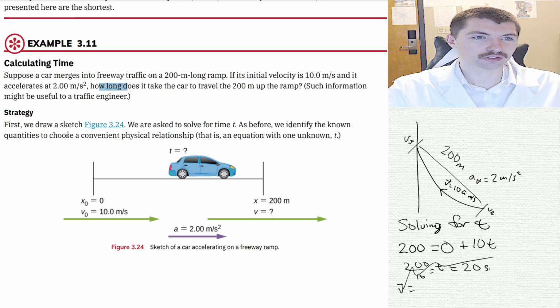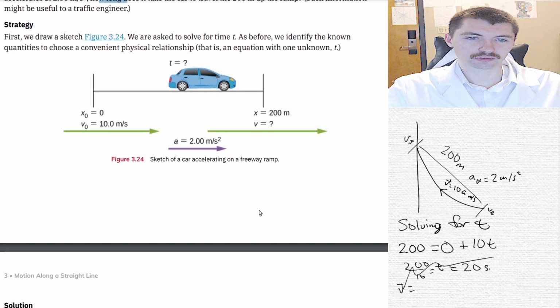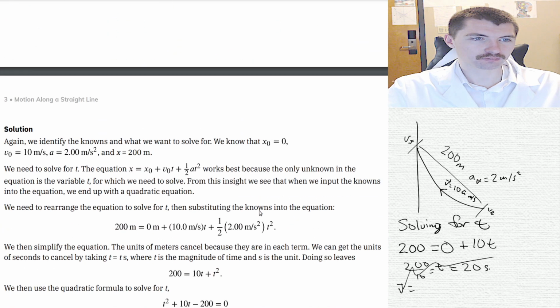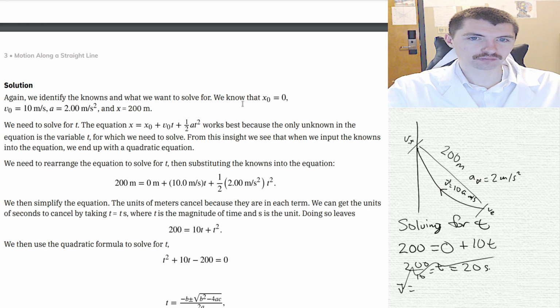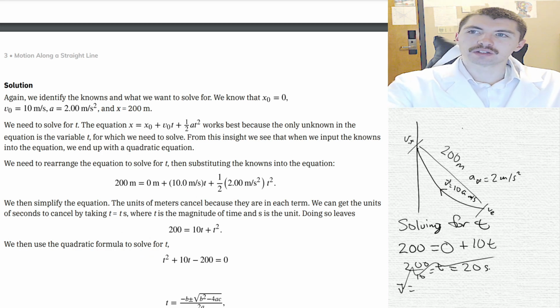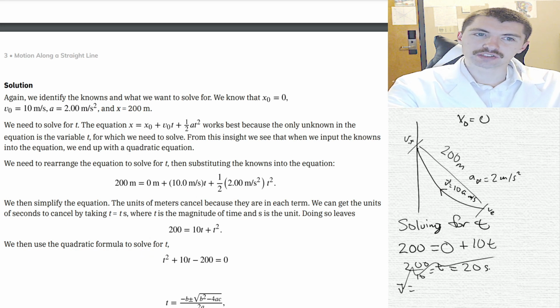All right, so first let's draw a sketch of it. We know the initial velocity, but we don't know v. We know it's accelerating. I correctly identified x0 is 0.